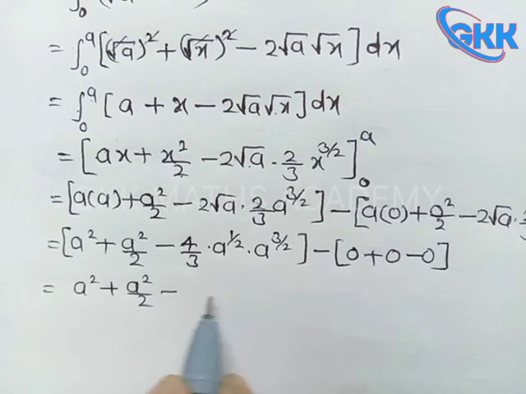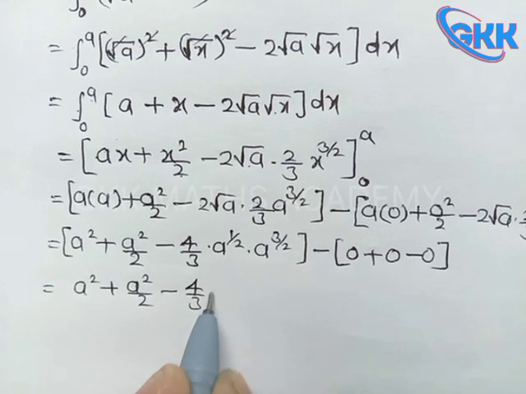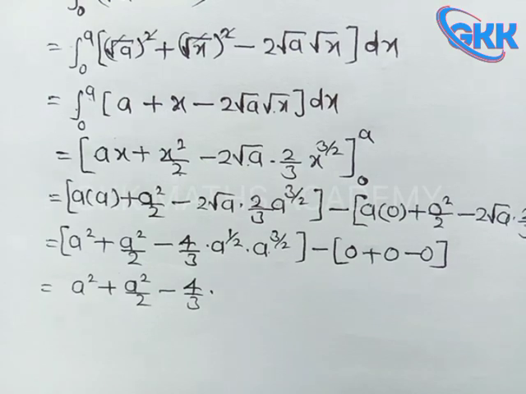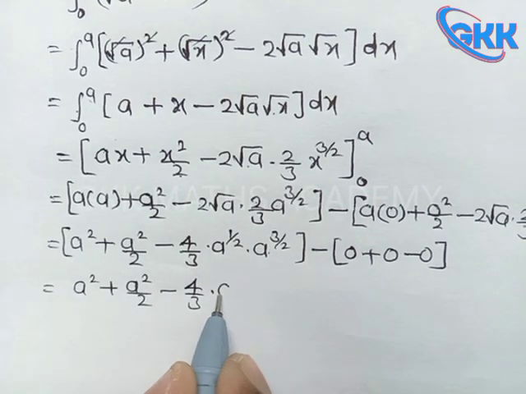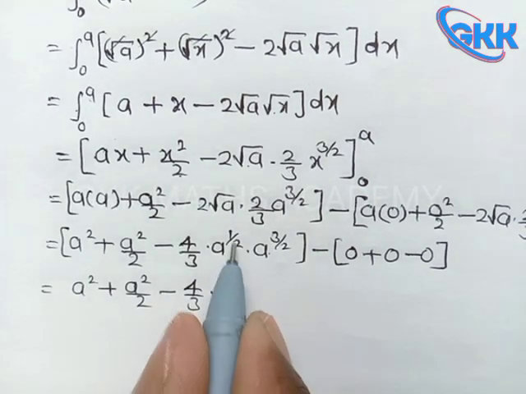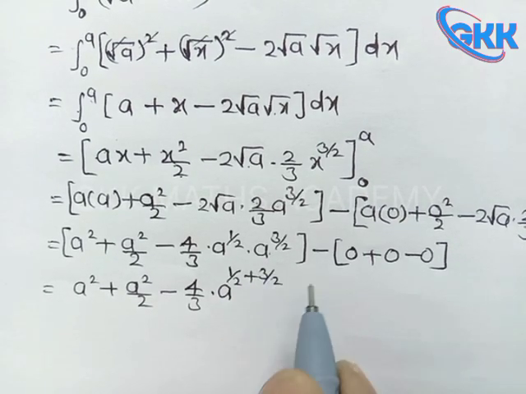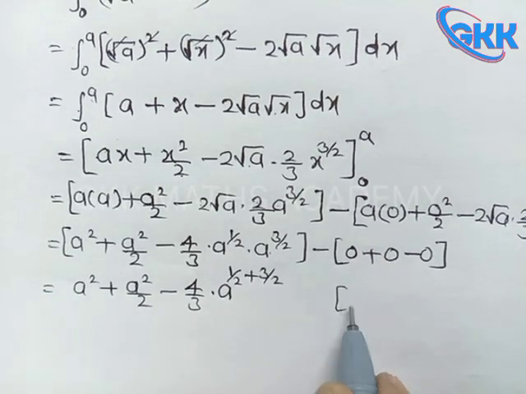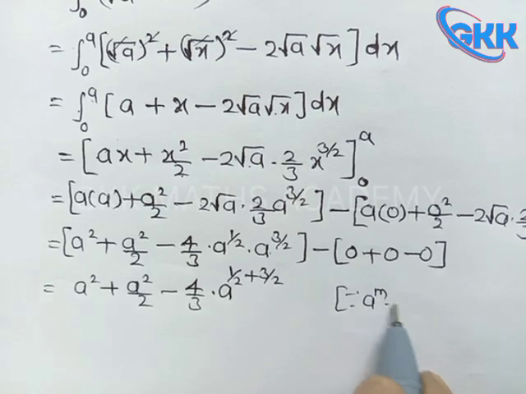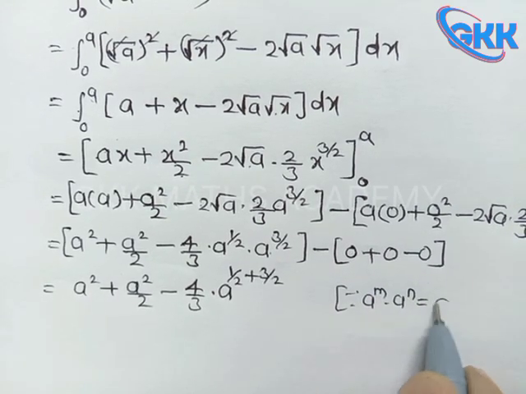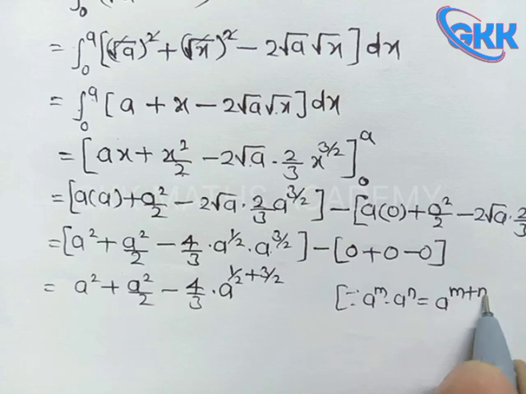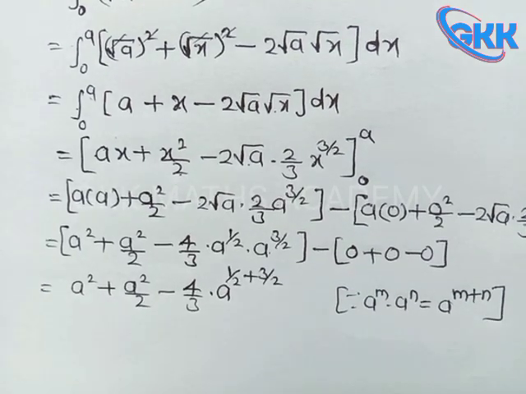Now a square upon 2 minus 4 upon 3. Bases equal, powers should be added. What is the base here? a. So 1 upon 2 plus 3 upon 2. Bases equal, powers should be added. If you want to remember, a power m times a power n is a power m plus n. This is a formula. Clear?